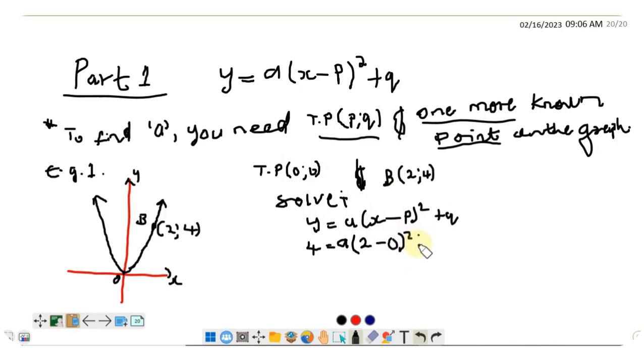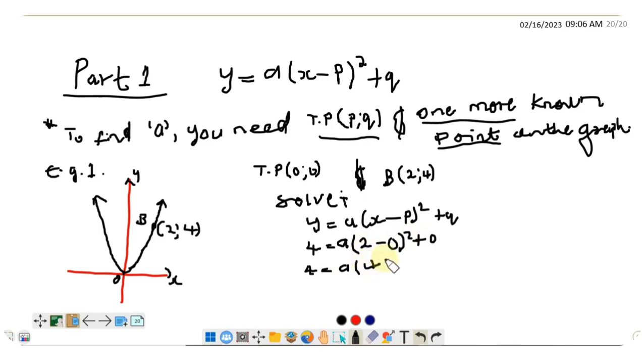So guys, you see here the graph is looking up, so we expect A to be positive, greater than 0. So here we have 4 equals A into 2 minus 0, which is 2. 2 squared is 4.